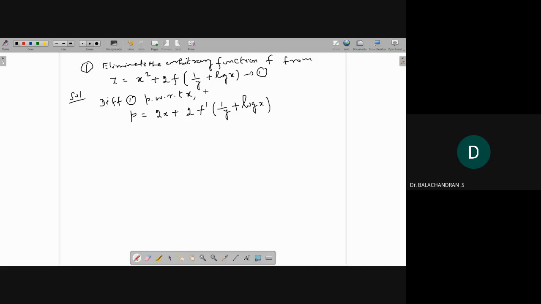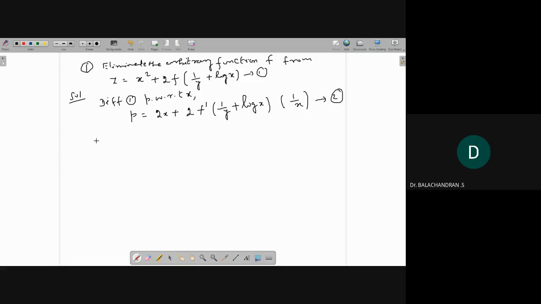If you differentiate the argument 1 by y plus log x with respect to x, you will get 0 for 1 by y because you are differentiating with respect to x. Log x gives 1 by x. This is equation 2.